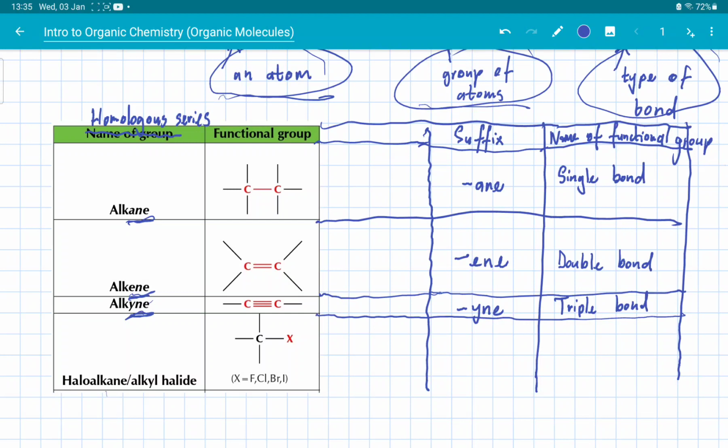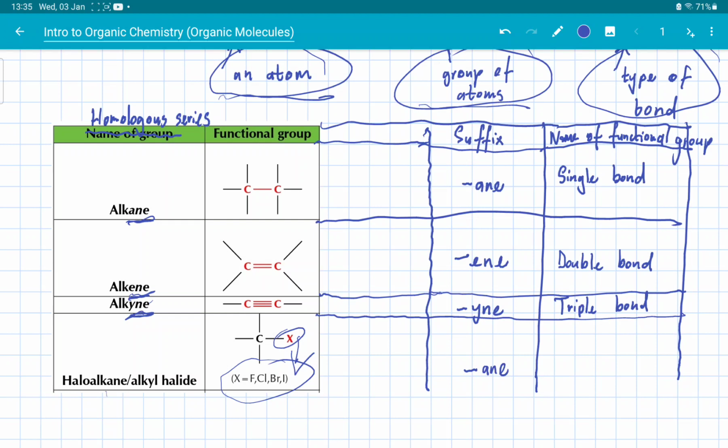And then now we have the haloalkanes. An alkane just happens to have a halogen, like X, meaning somewhere in the chain there is a halogen. So somewhere in the chain there's a halogen. The alkane ends in A and E, but now we will be guided by naming rules.